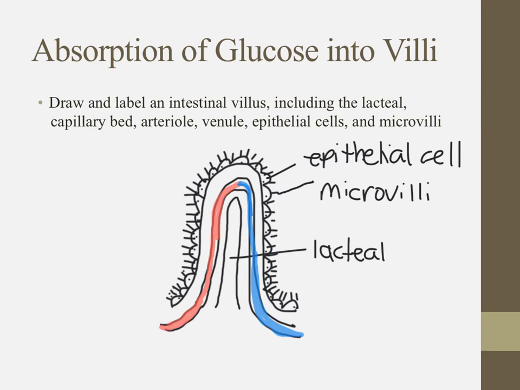Great. Where this blood comes in is called an arteriole, the smallest arteries, and it leaves through what we call a venule, the smallest veins. And of course, what connects arteries and venules? That would be our capillaries.